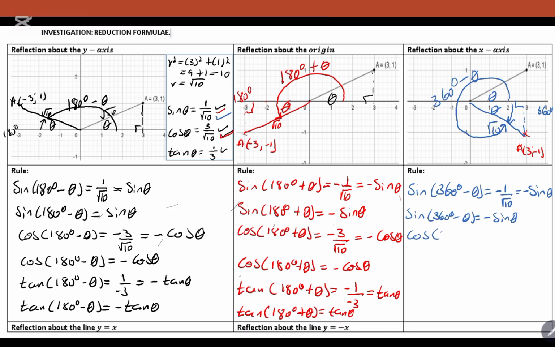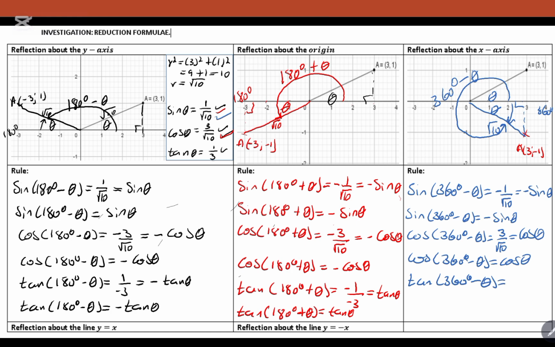Now, cos of 360 degrees minus theta. Cos is adjacent over hypotenuse, so that will be 3 over square root of 10. 3 over square root of 10 is cos theta, so this is cos theta. So the reduction for cos of 360 degrees minus theta will therefore be equal to cos theta. And the last one, we're looking at the tangent, so that will be tan of 360 degrees minus theta.